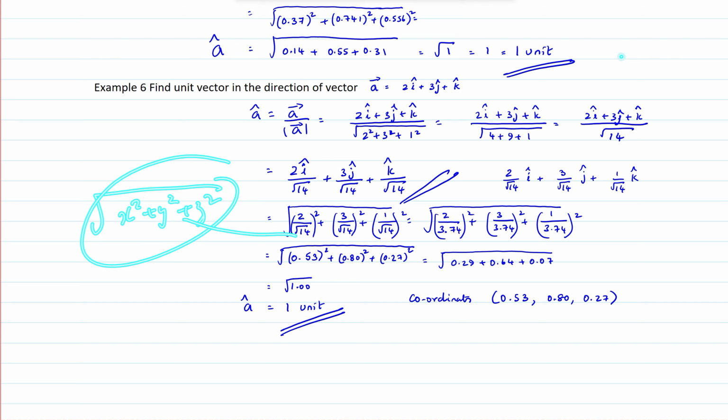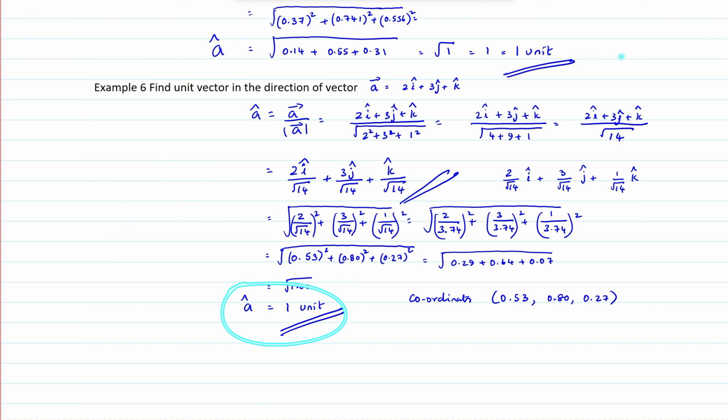Substituting that over here, we get the length of a cap is equal to 1 unit. So this is the unit vector. At the NCERT school level, they stop at this, and because of this, some students do not understand how a unit vector will look or what the value of a unit vector will be. Here, you won't be able to find the length of the unit vector.